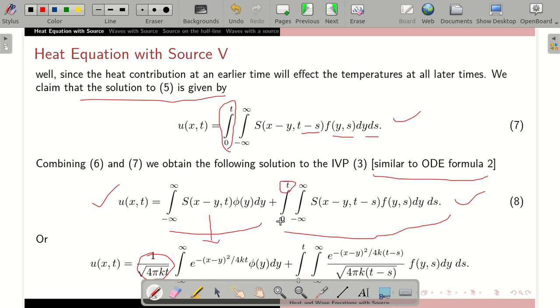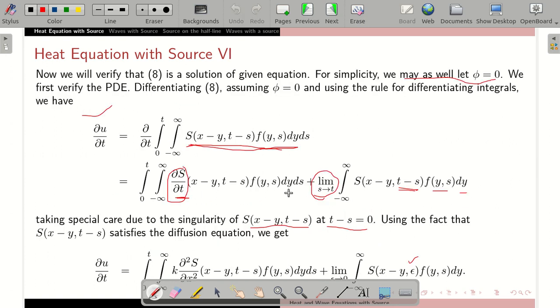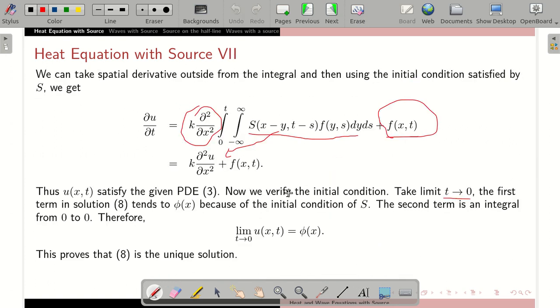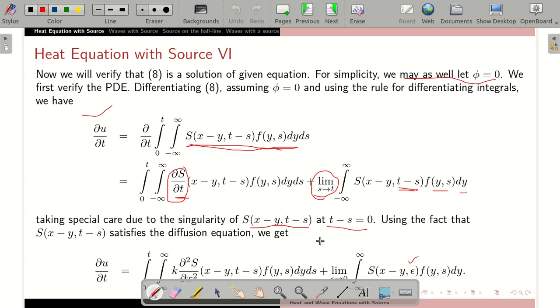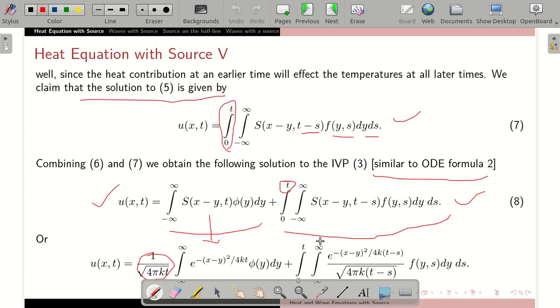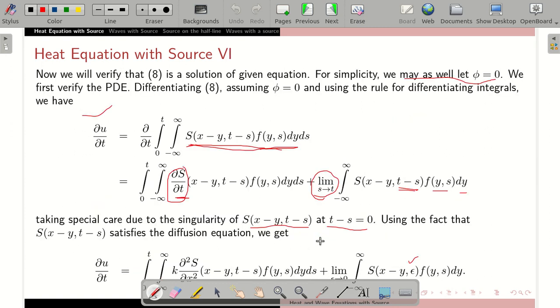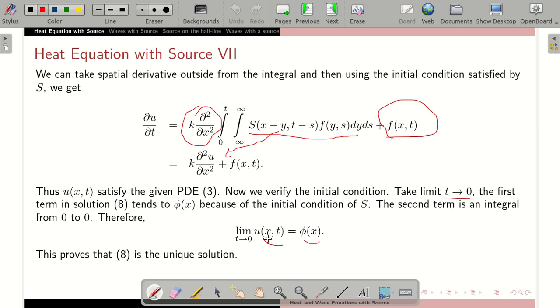So this integral will be from 0 to 0. So limit t goes to 0, uxt is just phi of x. So this means that the given solution satisfies the PDE heat equation and also satisfies the initial condition. So it is a unique solution.